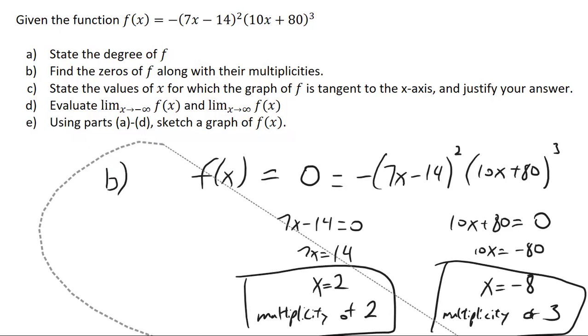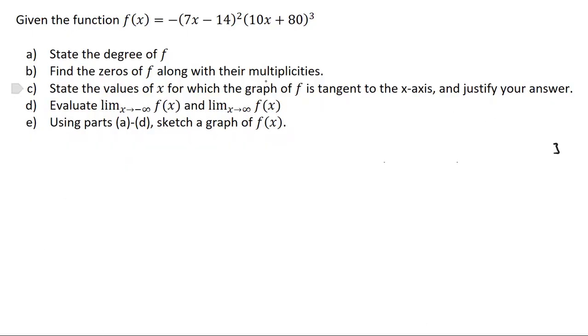Okay, let's erase. All right. State the values of x for which the graph of f is tangent to the x-axis and justify your answer. Okay. What does tangent to the x-axis mean, first of all? Let's visualize it. Here's the x-axis.